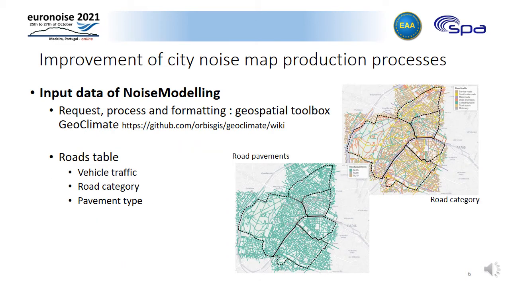And finally, the roads layer is also necessary in order to access vehicle traffic and pavement type information. The European Good Practice Guides gave the association between OSM information and the CNOSSOS-EU model requirements concerning the road type and category that are used to estimate road traffic information and the road pavement.